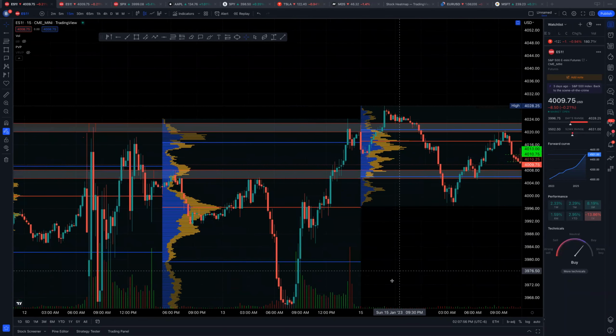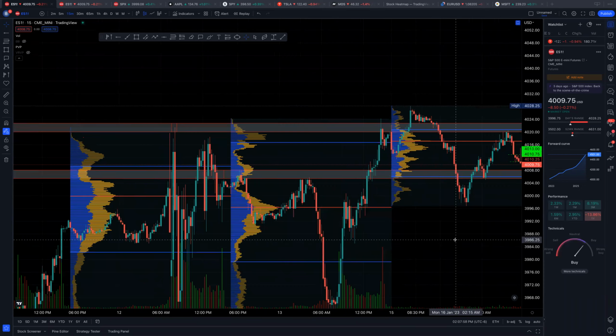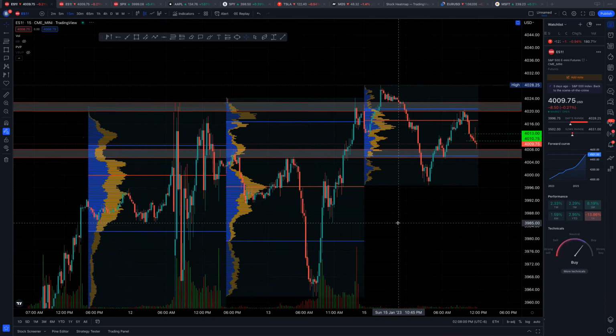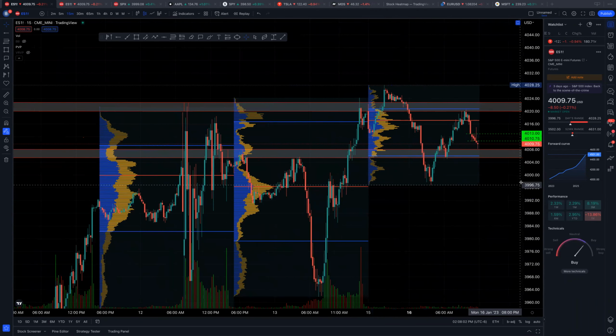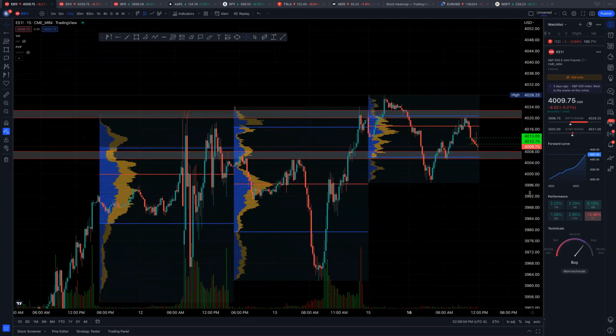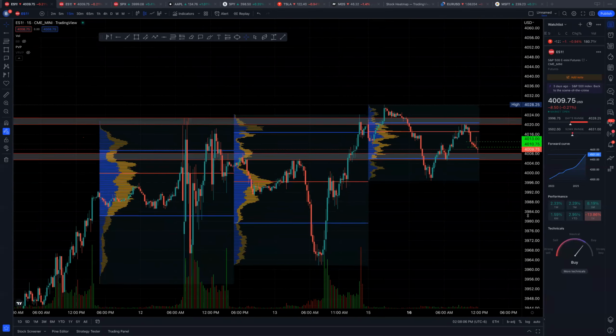So it's really important for us to use past volume profiles to gauge where the move may happen. And of course, use price action and stuff like that.